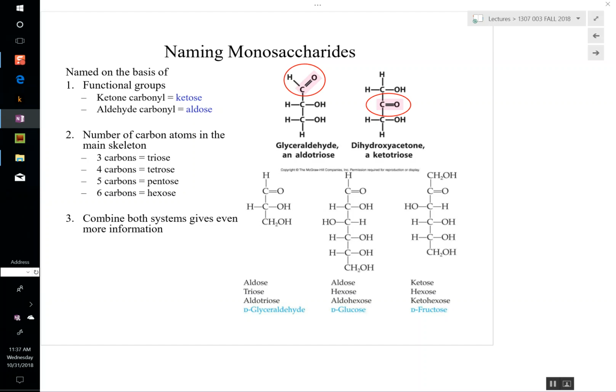There's really only two options that we generally see for that carbonyl. I don't know any exceptions to this. There might be, but generally the carbonyl is either going to be at the top, and that will be carbon number 1. And what functionality is that? When it's on the end, it is an aldehyde.